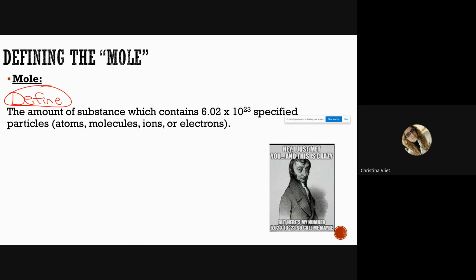So 1 mole is 6.02 times 10 to the 23rd particles. It is better to say particles than to say atoms, molecules, ions, or electrons, because when you say particles, you're just grouping them all together. I could be talking about any of them. I'm talking about just particles. I've got 6.02 times 10 to the 23rd particles.